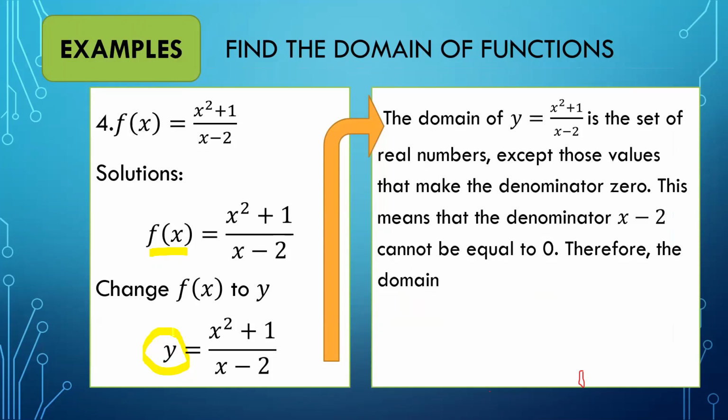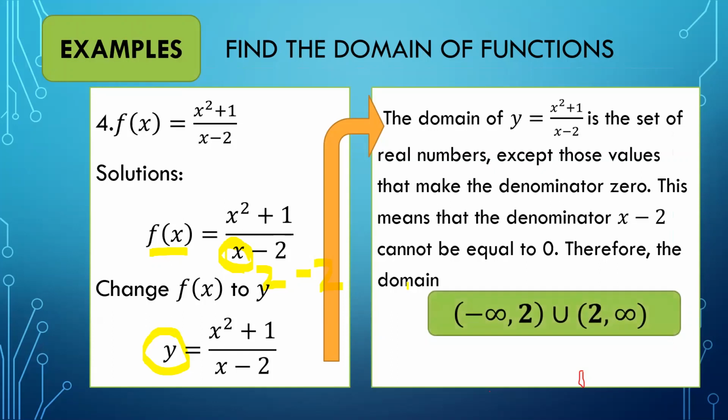This means that the denominator x minus 2 cannot be equal to 0. So what number, if we substitute to the given x, will yield 0? So obviously that is 2, since 2 minus 2 is equal to 0. So therefore, the domain will be the set of all real numbers except positive 2.